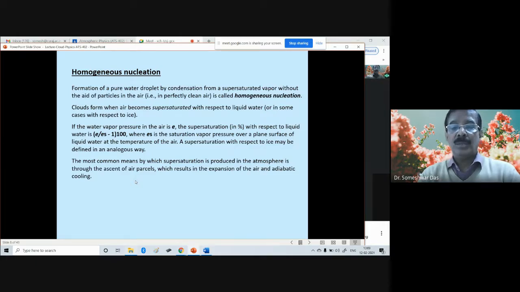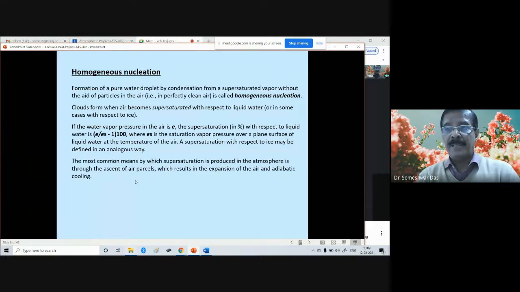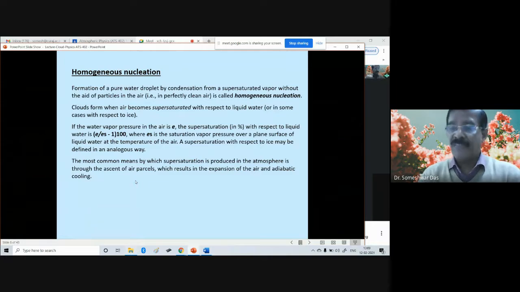And because of the cooling, since saturation depends upon the temperature, right? Saturation depends on the temperature. At the lower temperature, the air can become saturated very fast, whereas at a warmer temperature, it takes a lot of water vapor to become saturated in the air.